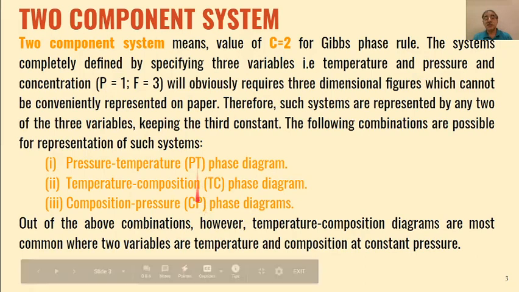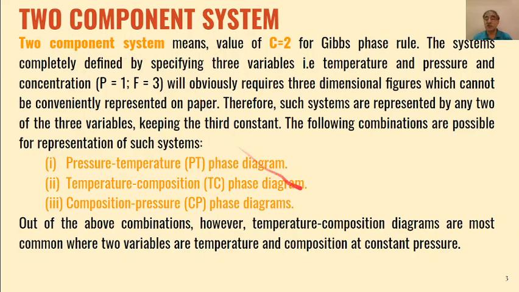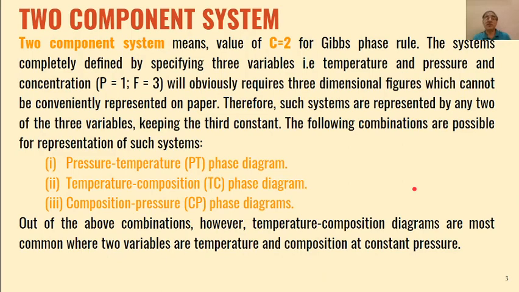Out of these three combinations, the most convenient ones are temperature-composition diagrams, because these are the two variables most convenient to consider for two component systems, and pressure is kept constant in such cases, because in the phase diagram there is not much change in the temperature over a variation of either temperature or concentration.